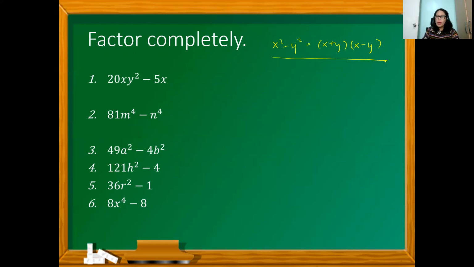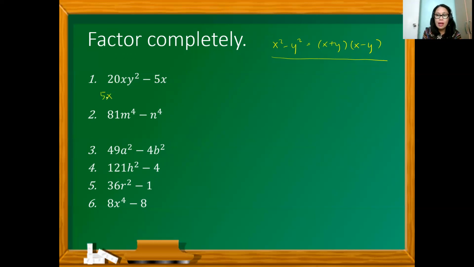Now, by inspection, definitely in the first example both terms are not perfect square expressions. So we have to consider moving out the common factor, or should I say the greatest common factor. If we do so, the greatest common factor will be 5x.